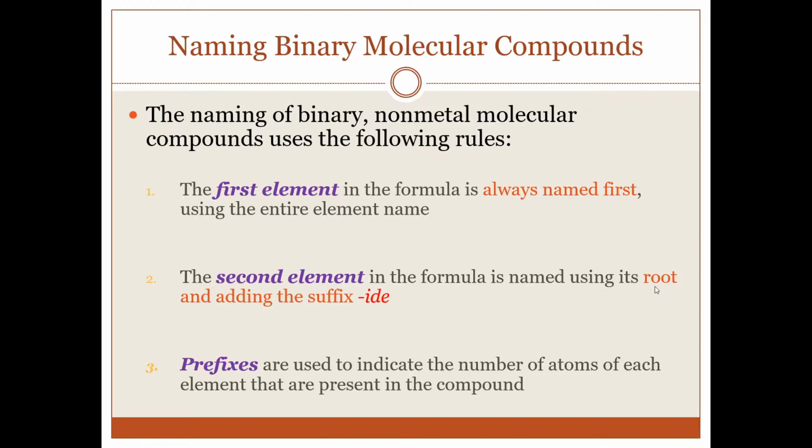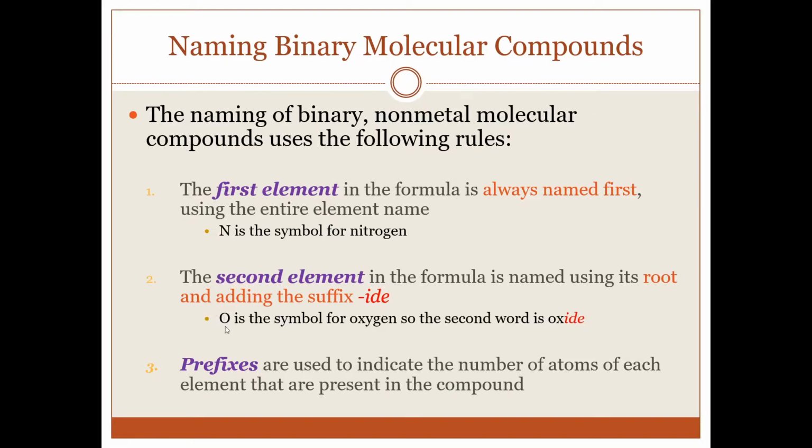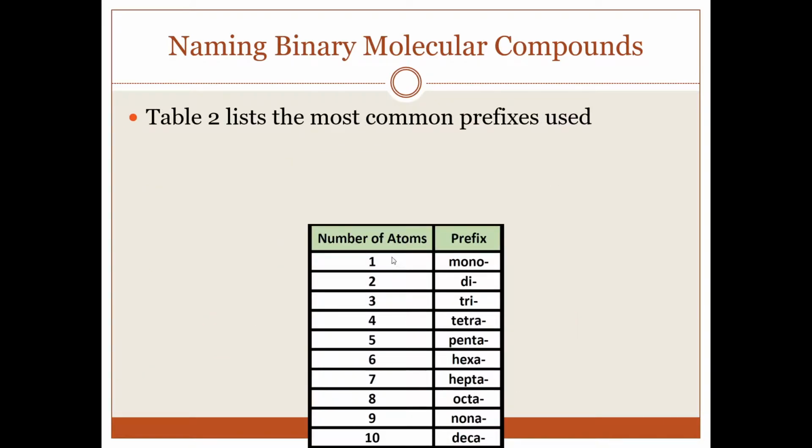Prefixes are used to indicate the number of atoms of each element present in the compound. For example, for nitrous oxide, or dinitrogen monoxide, N is the symbol for nitrogen. The second element, O, is going to be the root, oxy, and then we add "ide" at the end. Here's a list of prefixes that we have.